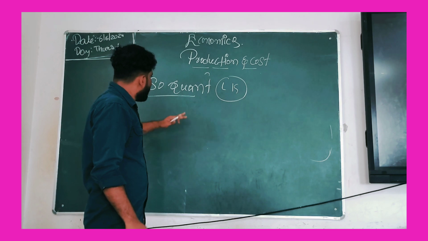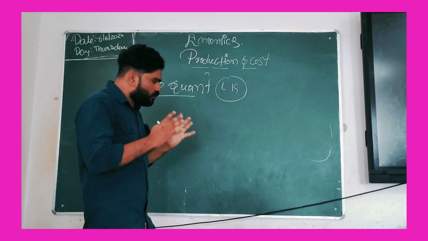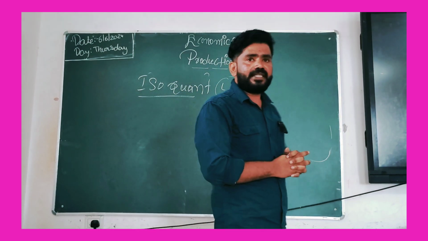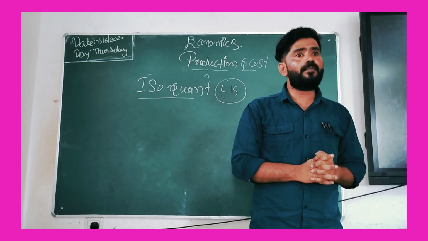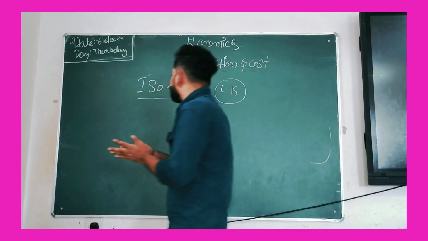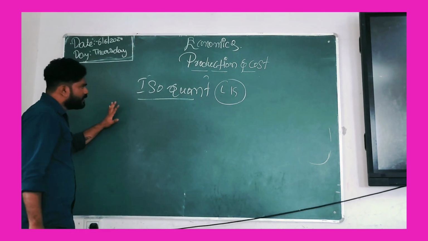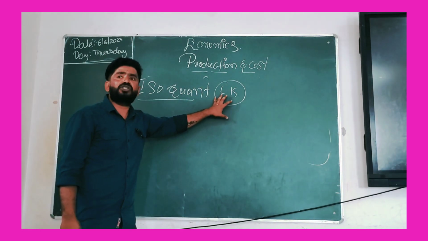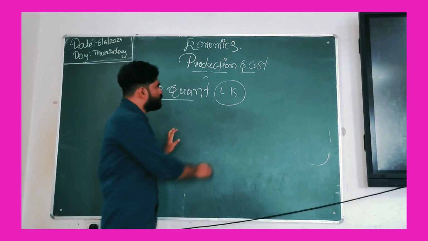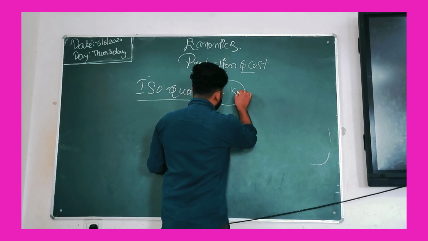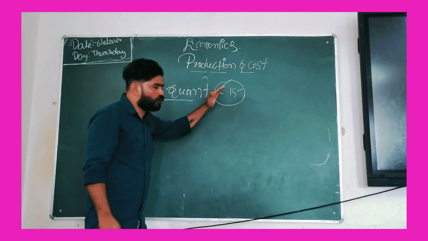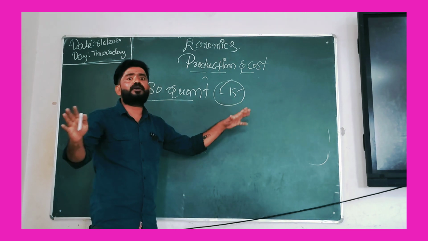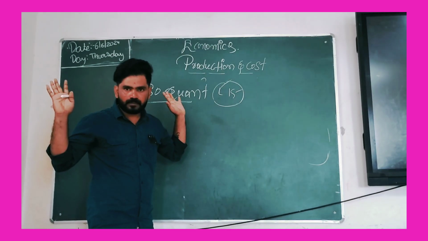Now we move on to the isoquant with a diagram. Suppose a firm uses two types of inputs, labor and capital, and produces the maximum level of output.